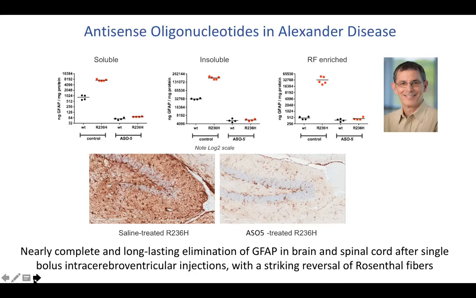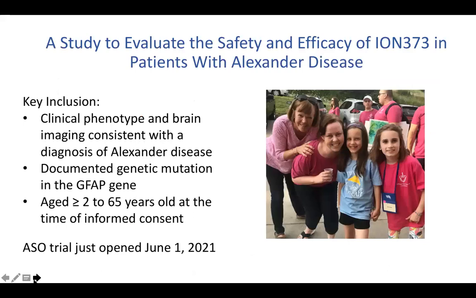And we're particularly excited that now there's a multi-center trial that has just opened June 1st and is treating really a wide range of patients with Alexander's disease, ranging from 2 years of age up to 60. And we're delighted to be part of this effort by Ionis.